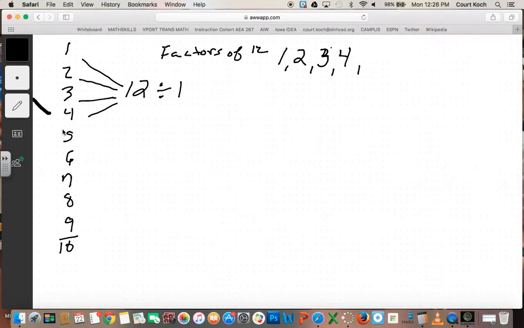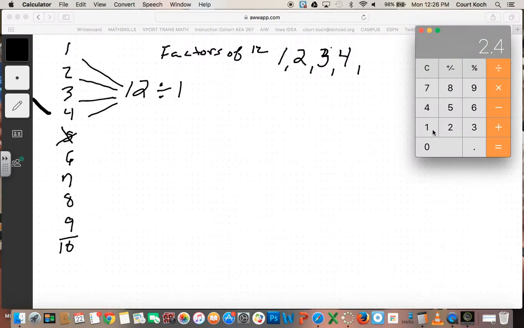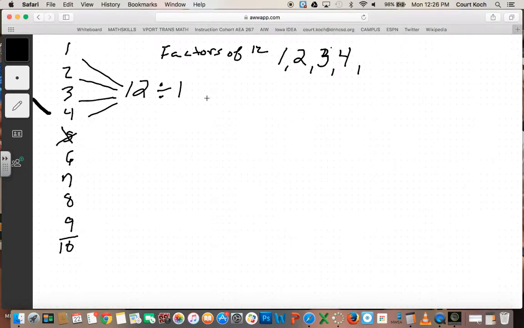I can cross out 5. But I should still test for 6 and so on. 12 divided by 6 is a full number 2, no decimal point, nothing after. So 6 is a factor.